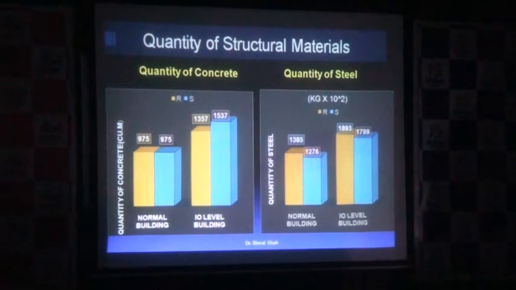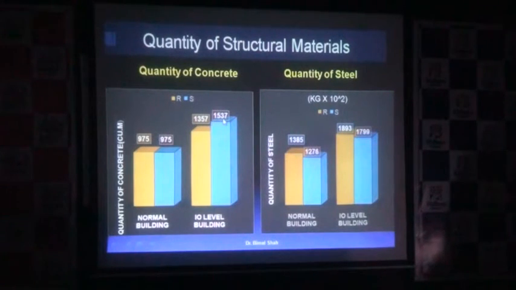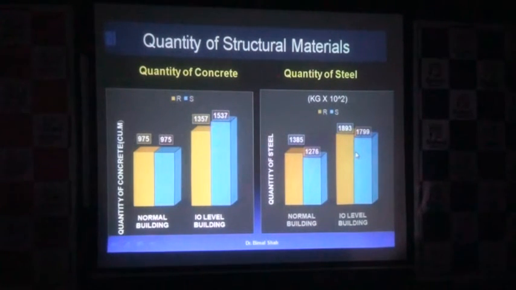Now your material is going to naturally increase. This is for your rectangular column, this is for your square column. Your concrete consumption is increasing from this to this in case of the square column model, and in case of the rectangular column model it is also increasing. At the same time your steel quantity is moving from this to this, and you can see for the square column model the steel consumed is slightly less, and that is what we saw.